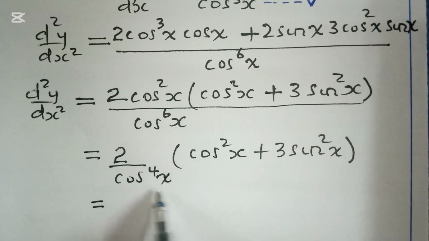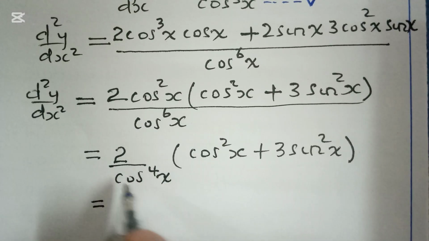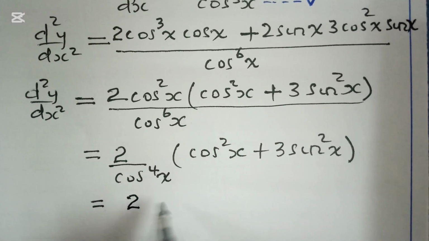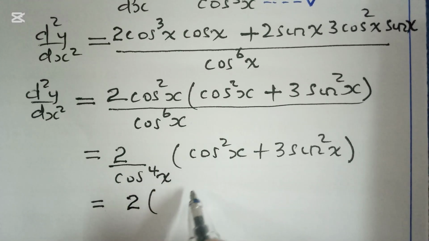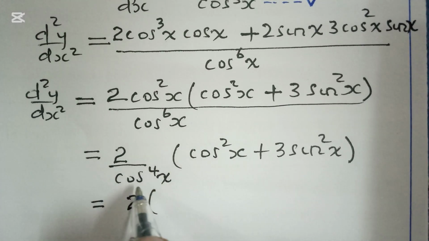Dividing both terms by cos to the power 4, guys, we shall have 2 there. And then here we are going to have cos squared x divided by cos to the power 4 x.